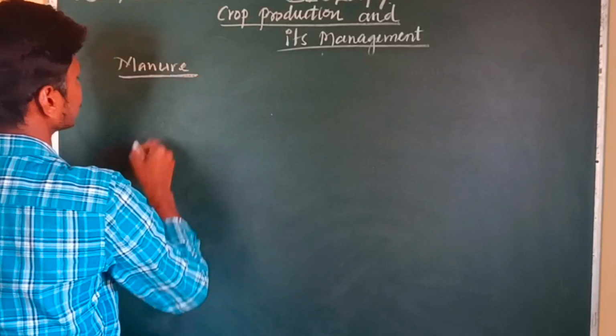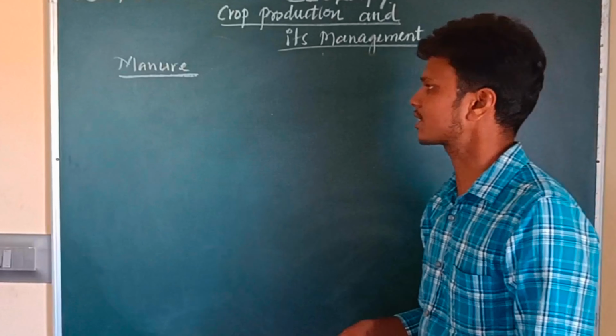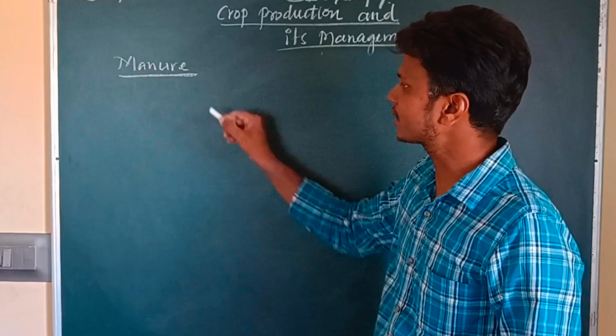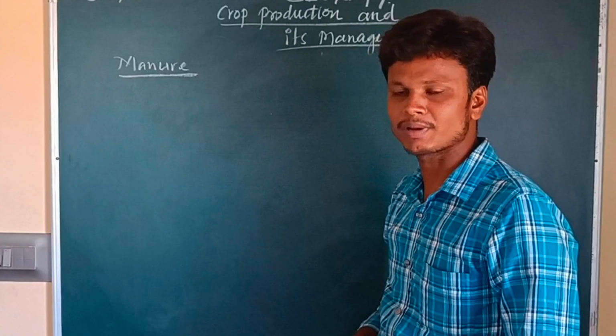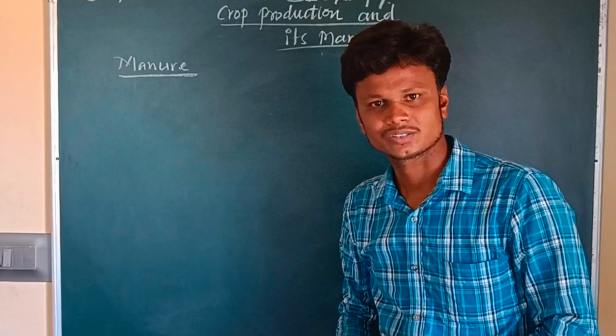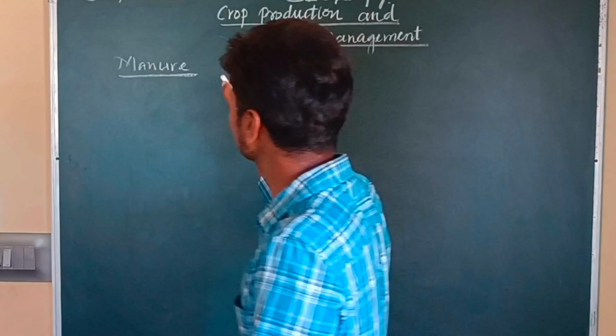Okay, so as I told, manure is the good option for the farmers. Most of the people will suggest manure only instead of fertilizers. Can you think over it, why it is suggested to use by the farmers? Of course there are some advantages. So what are those advantages?